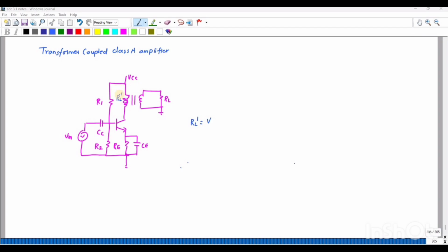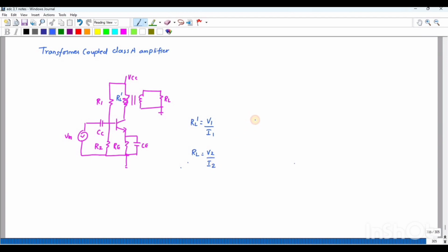So I can write RL bar is equal to V1 by I1, and in a similar way, RL is equal to V2 by I2.